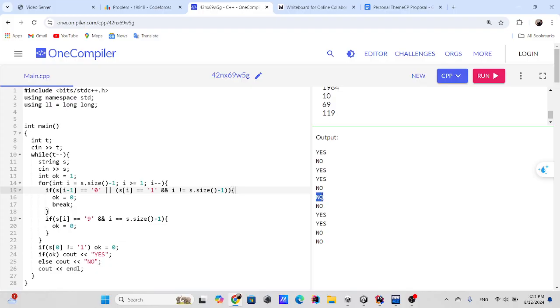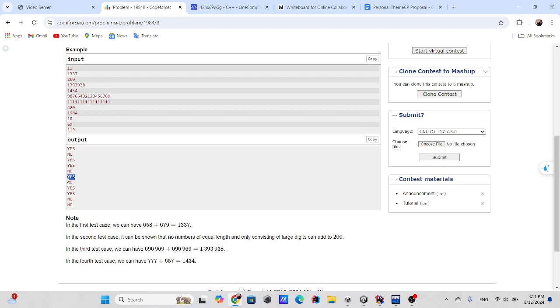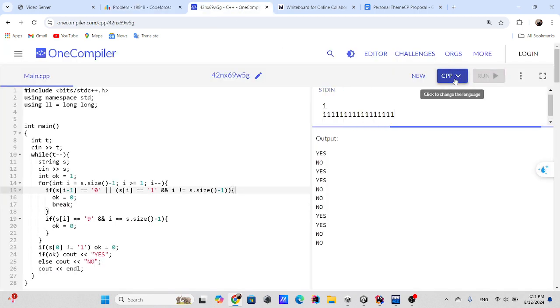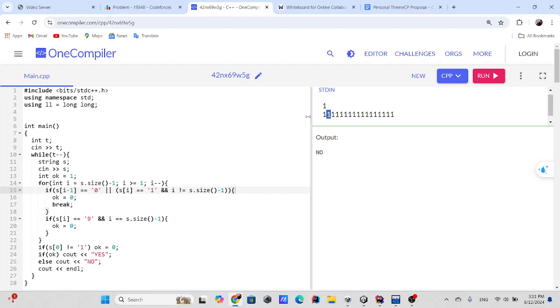Okay, so I got it almost correct. This one, the sixth test case. No. 11, right? Okay, all gone. 11 is all gone.